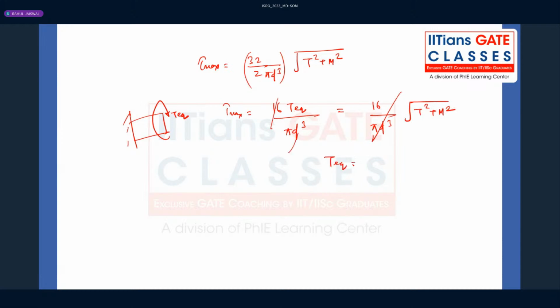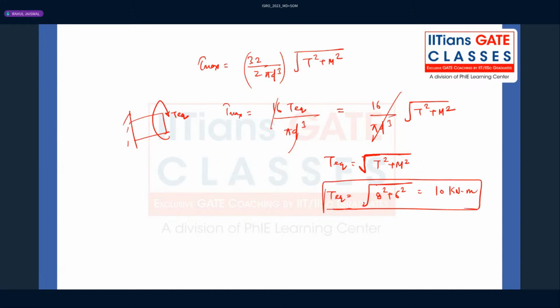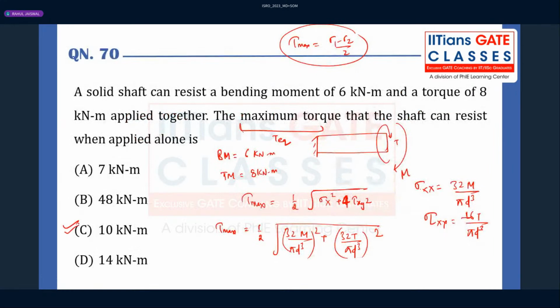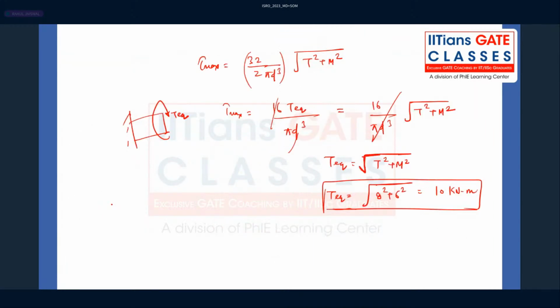So what is the T equivalent? Square root of T square plus M square. Now, what is T square? 8 square, and M square is 6 square. Now when you calculate, you will be getting 10 kilonewton meter. Make a note of it. C will be correct.